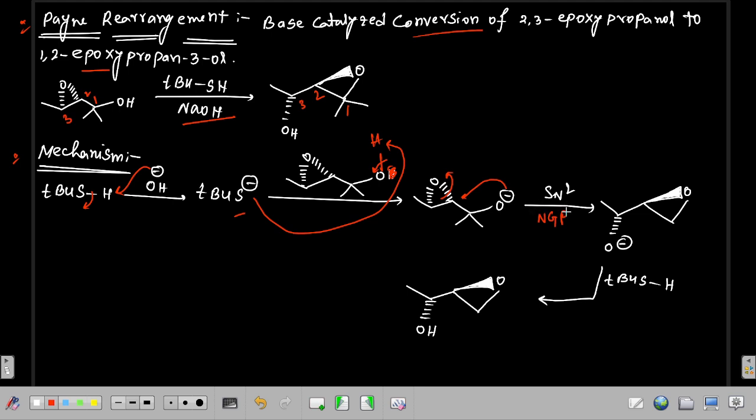So there will be an SN2 attack and this bond will break and it forms epoxide once again, and here O minus will abstract the proton from tert-butyl thiol and it leads to the formation of this 1,2 epoxy 3-ol, 1,2 epoxy 3-ol.